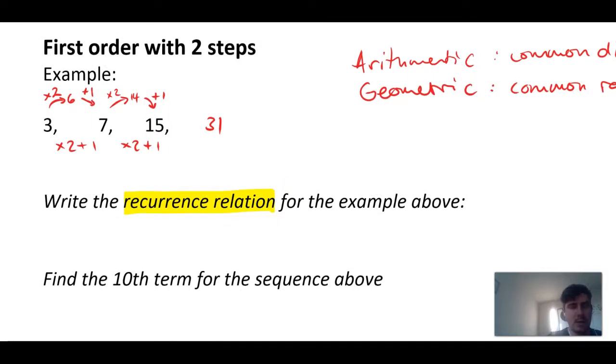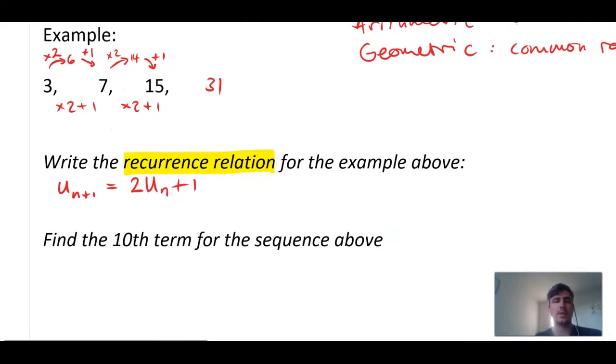So to find the next term in this, we are timesing by 2, so 2 times un, add 1 every time. So 2un plus 1, and that will give me the next term every time.